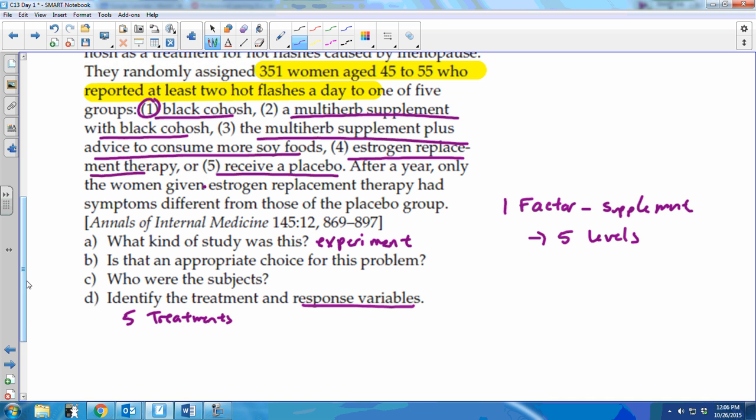So we're probably going to measure the amount of hot flashes compared to the beginning. Questions about that? Okay.